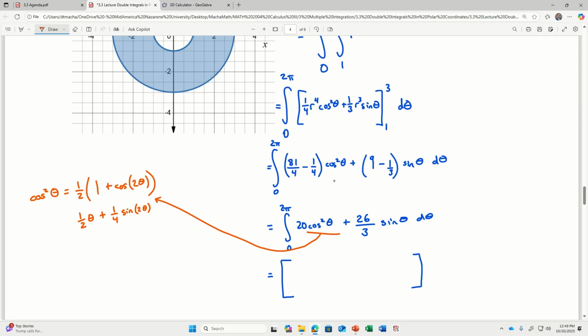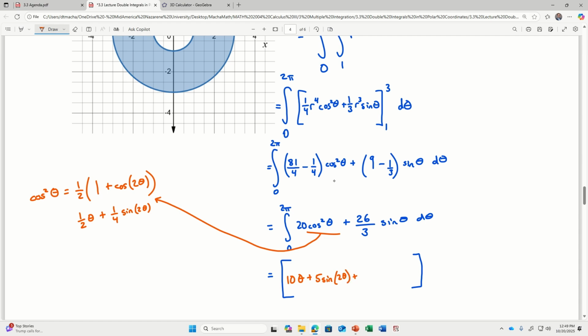Don't forget an extra divide by 2 there, because of the whole derivative chain rule: take the derivative of cosine and it's cosine times 2. Good. So I've got 20 times 1/2 times theta, that's 10 thetas. And I've got 20 times 1/4, that's 5 sine of 2 theta.